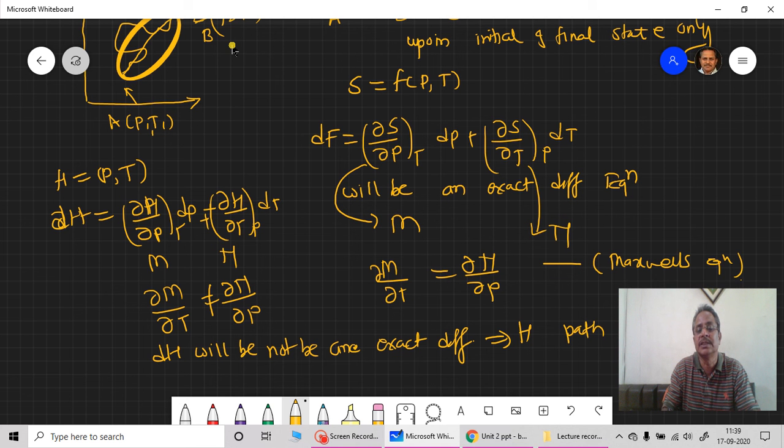So this concept of path independent and path dependent functions can be understood from this exact differential.